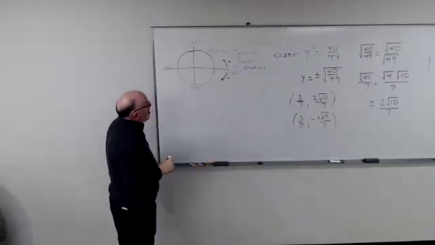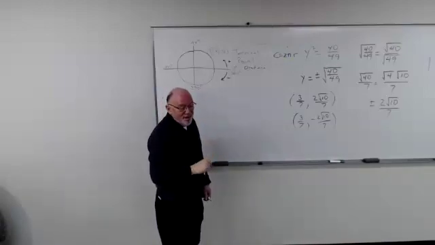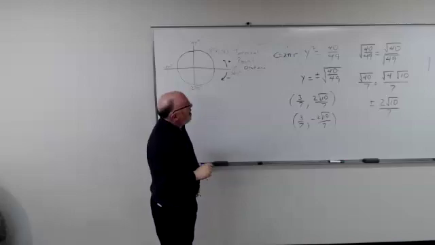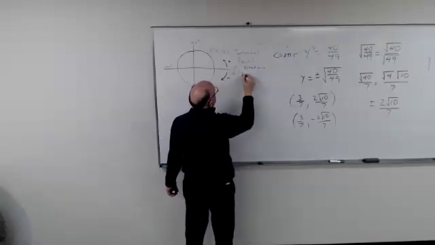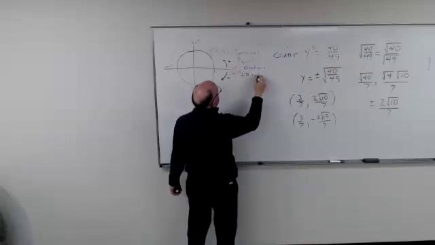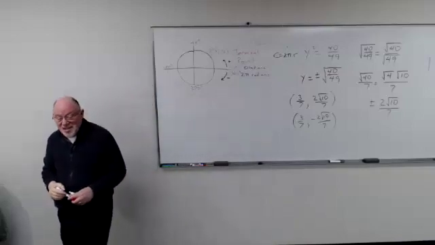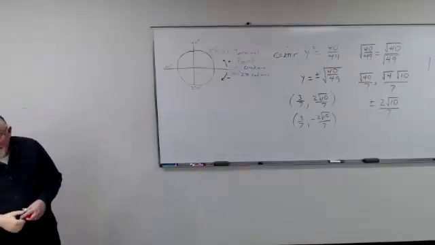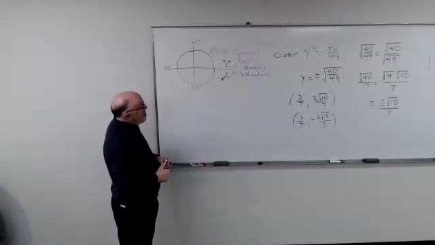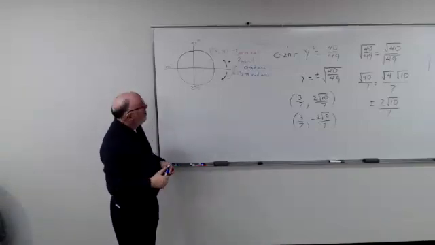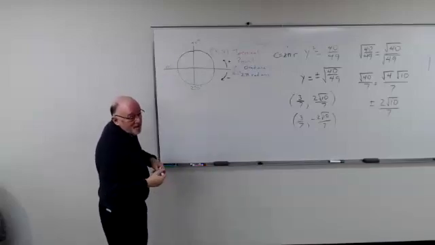And so the measurement, if I go all the way around the circle, that angle is 2 pi. So 360 degrees is 2 pi radians, right? So if 360 degrees is 2 pi, what would 180 degrees be? Pi. Right.